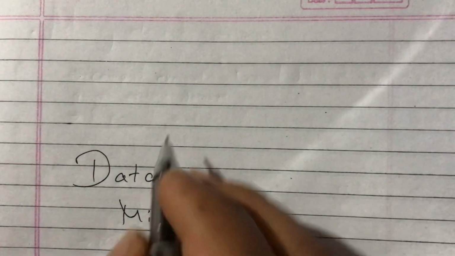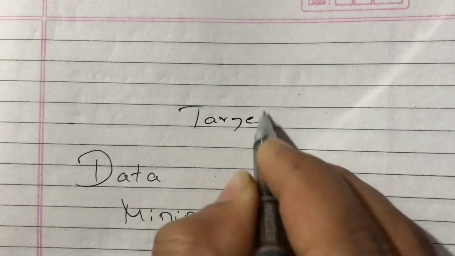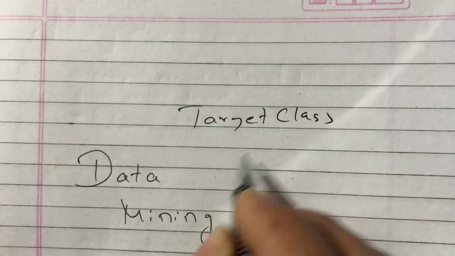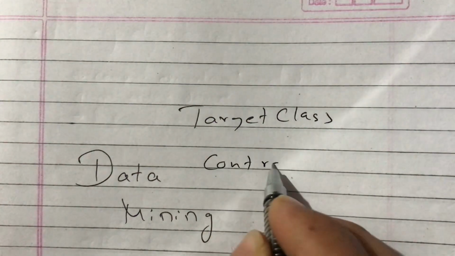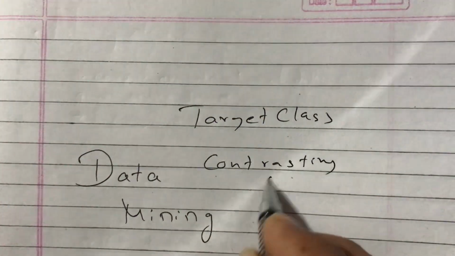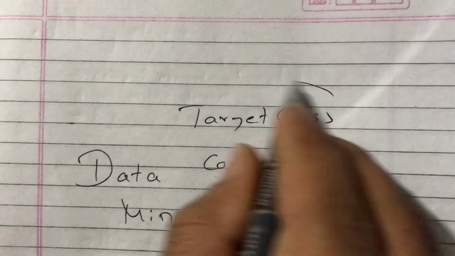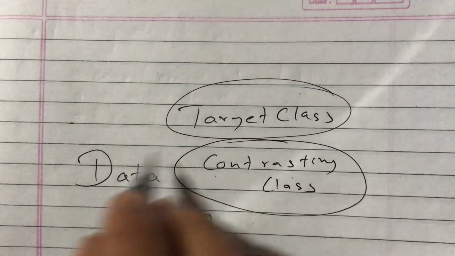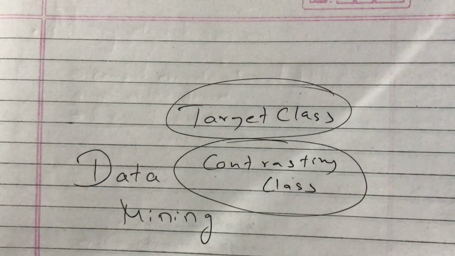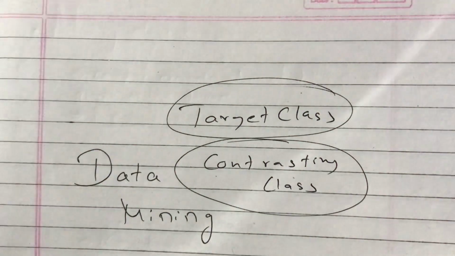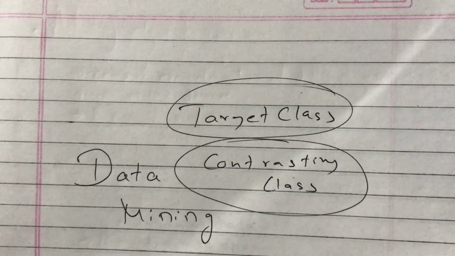One is target class and another is contrasting class. You are going to compare different classes in your dataset, and find out what features are in the target class that aren't in the contrasting class.